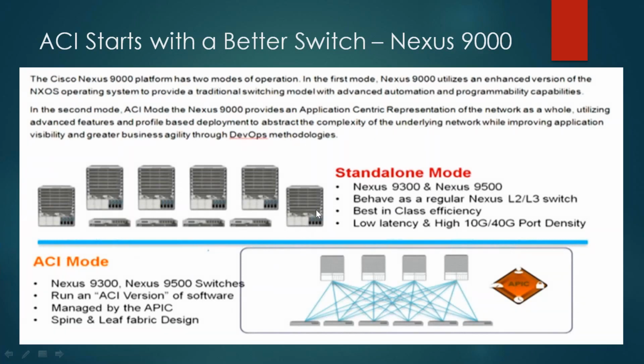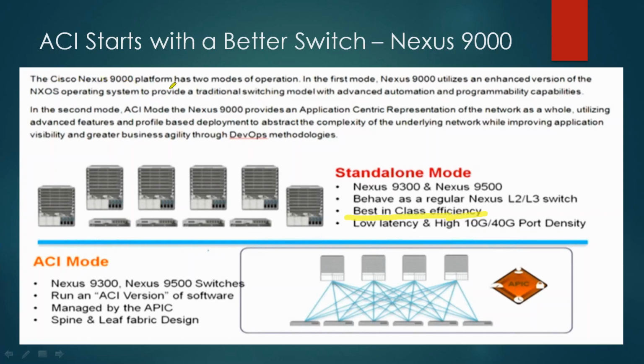Not only that, but in the points here you can see that this particular switch has best-in-class efficiency. Its overall throughput, its performance, its support for programming, meaning you can program the ASICs, all those things have been very enhanced, very modernized, and that's why they are best in class.